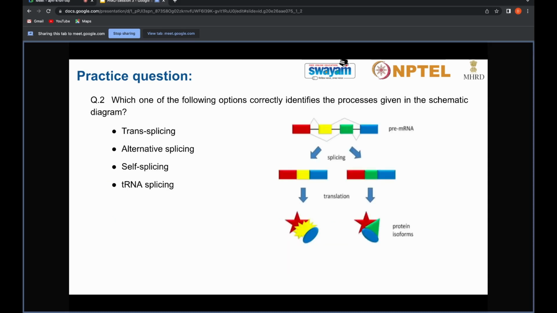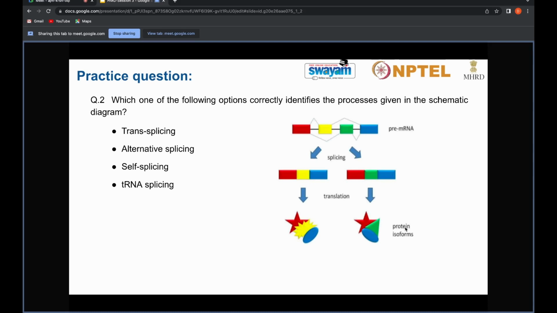The next question is, which one of the following options correctly identifies the processes given in the schematic diagram? In this diagram, you have to tell what is being shown. They have shown you the pre-mRNA and then its splicing is happening, and then these are the two different transcripts that are formed. Then some translation is happening, and then these are the protein isoforms.